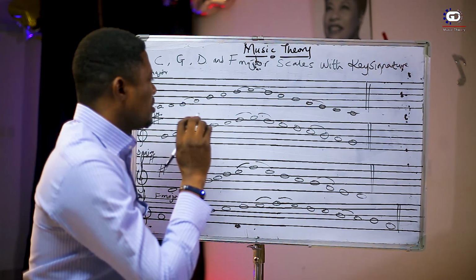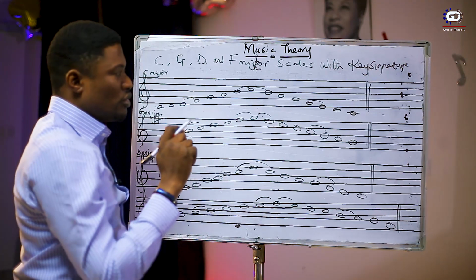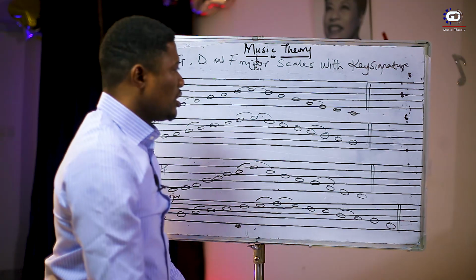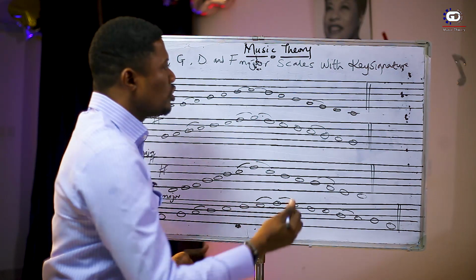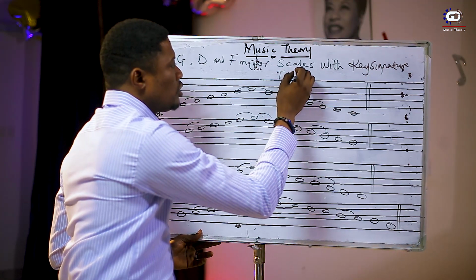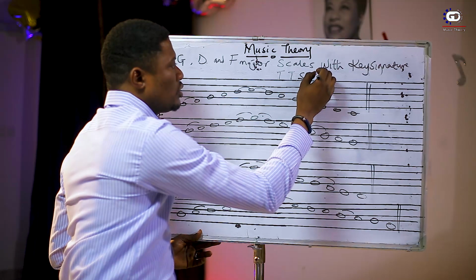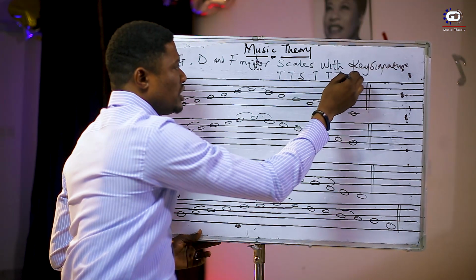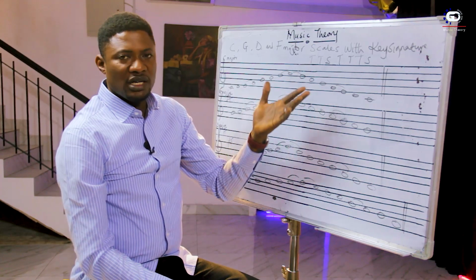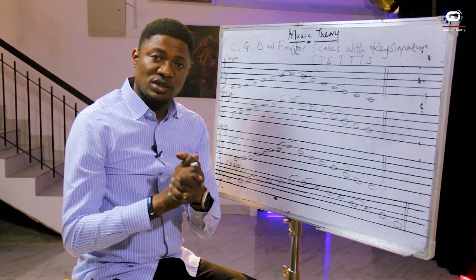Now, something is important for you to know in case you want to construct more scales. For diatonic scales, we use a formula: tone, tone, semitone, tone, tone, tone, semitone. Also previously you have learned the difference between semitones and tones.